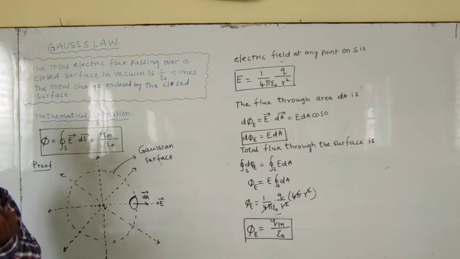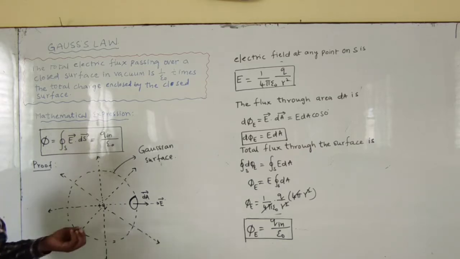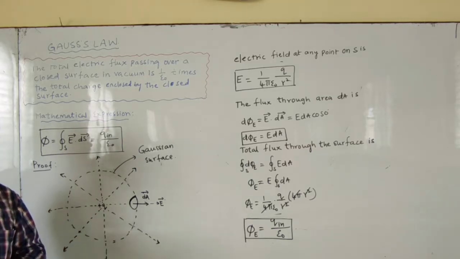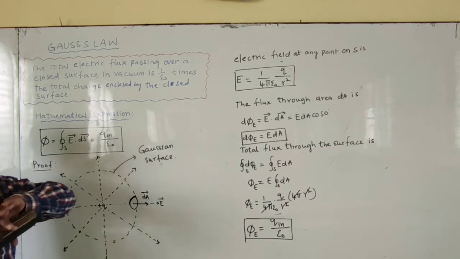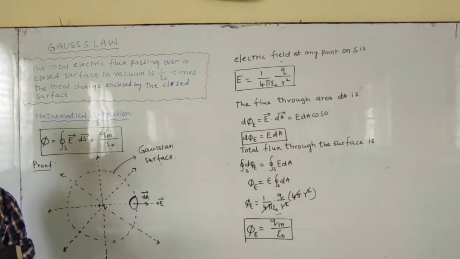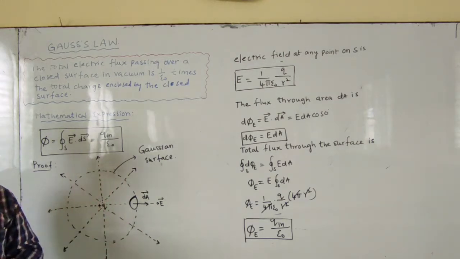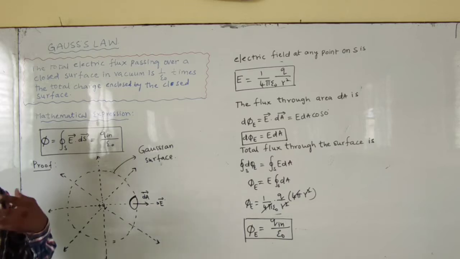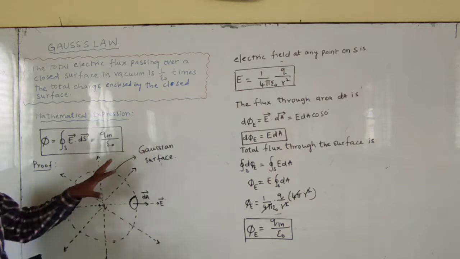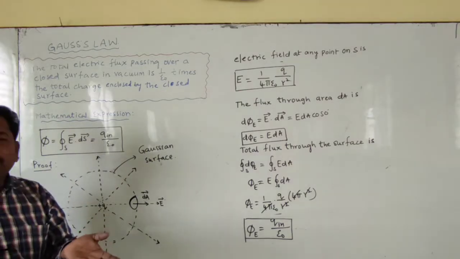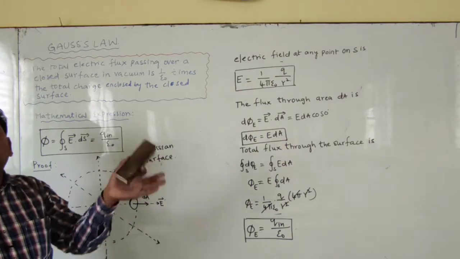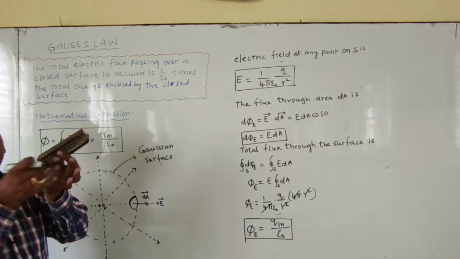Consider a plus charge q placed at a point. Now we are going to find how much flux is produced by this charge. Flux is produced when the electric lines of force cross the surface normally.